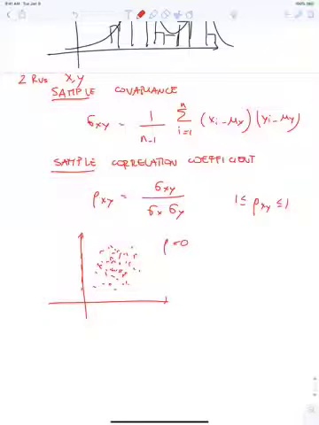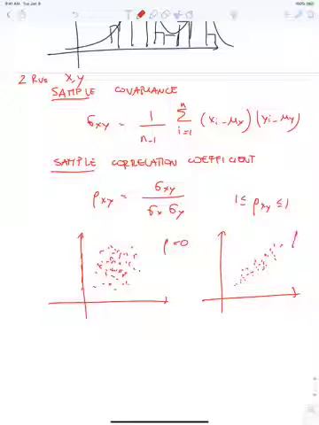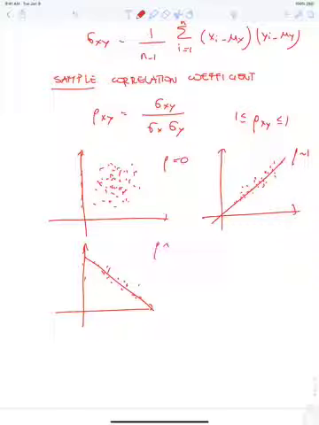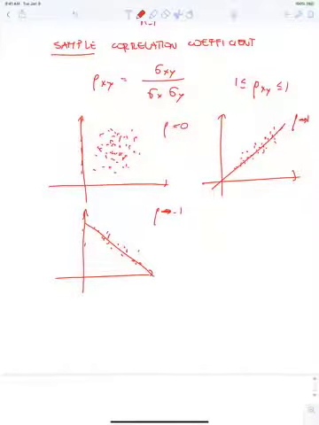So this has correlation equals 0. If they are aligned along a straight line with positive slope, this would be close to 1. If they are aligned along a straight line with negative slope, this would be close to minus 1. Let's put an arrow. So we are approaching plus 1 and minus 1.